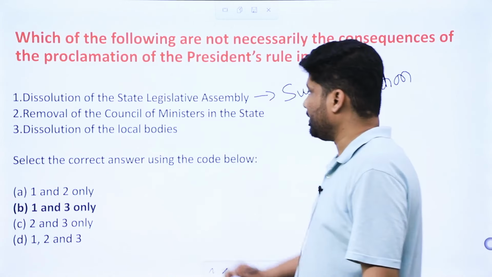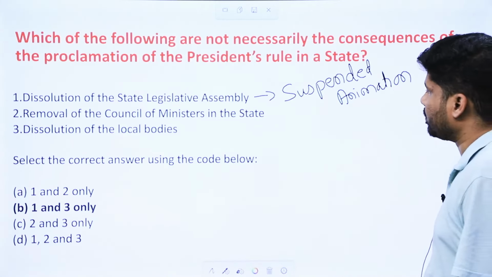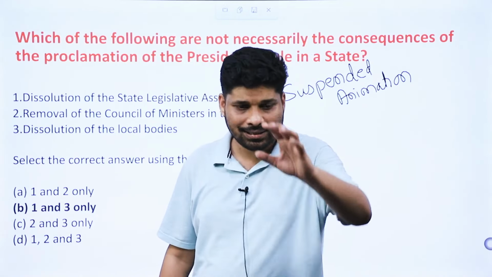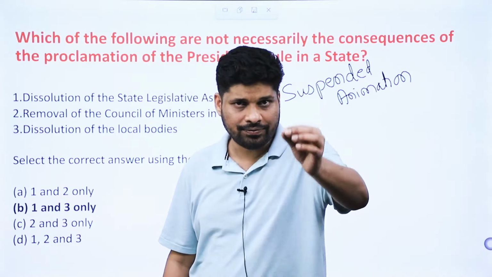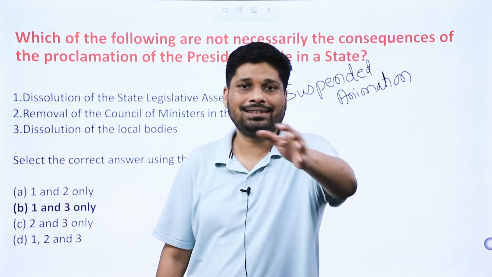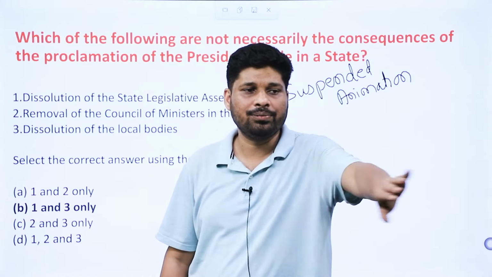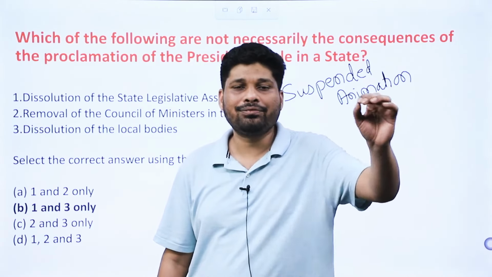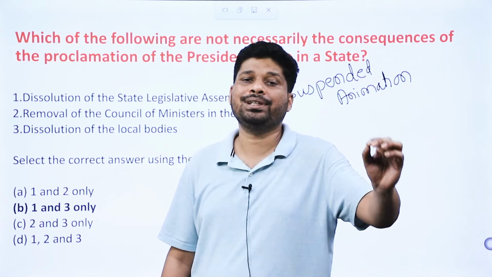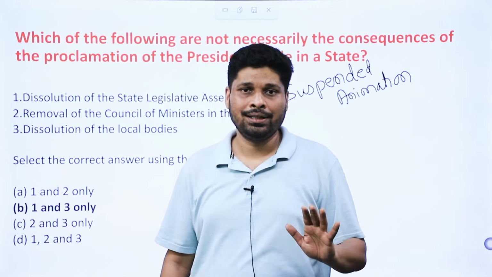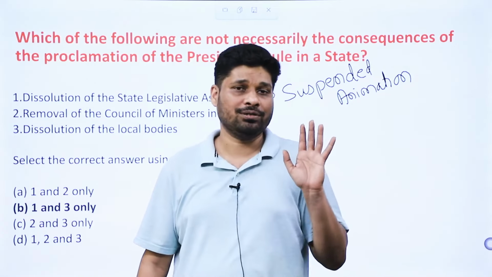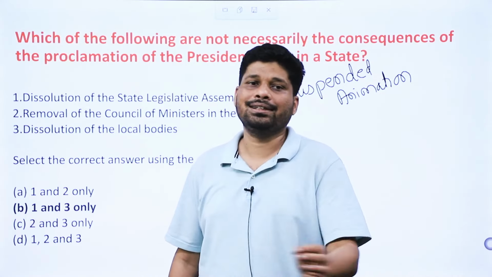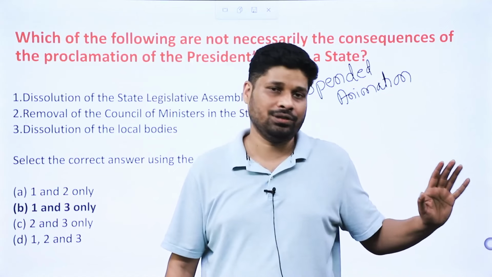Second statement, removal of the council of ministers of the state. This definitely will happen. The first effect of state emergency is that the council of ministers will be replaced. The council of ministers will be dismissed, and the governor will carry out the executive functions according to the directions given by the central government. The meaning of state emergency is removal of the chief minister and his council of ministers.